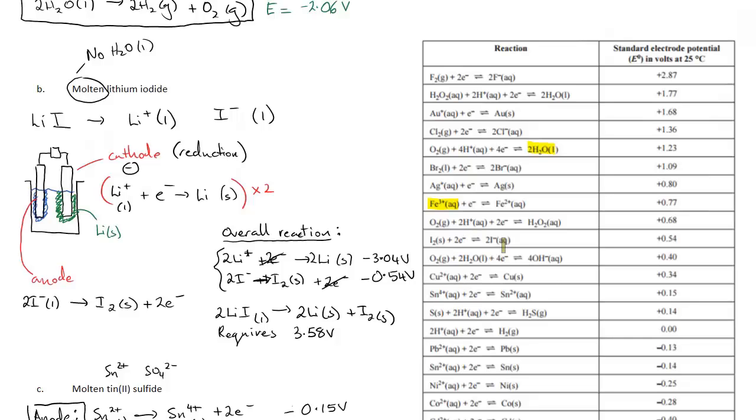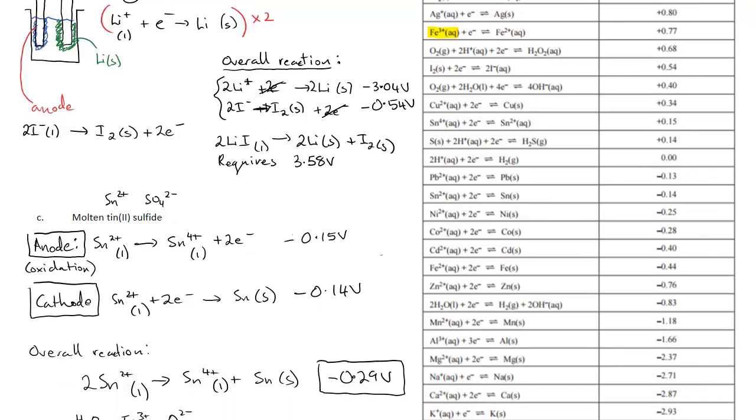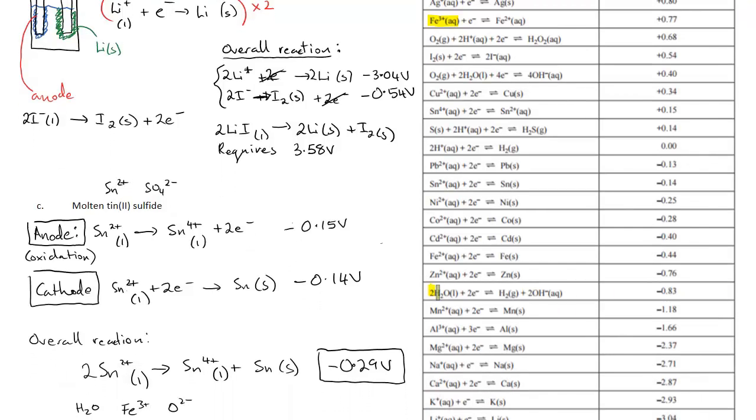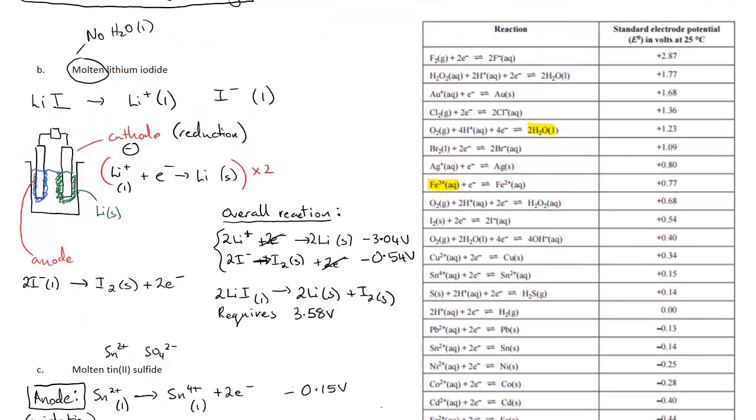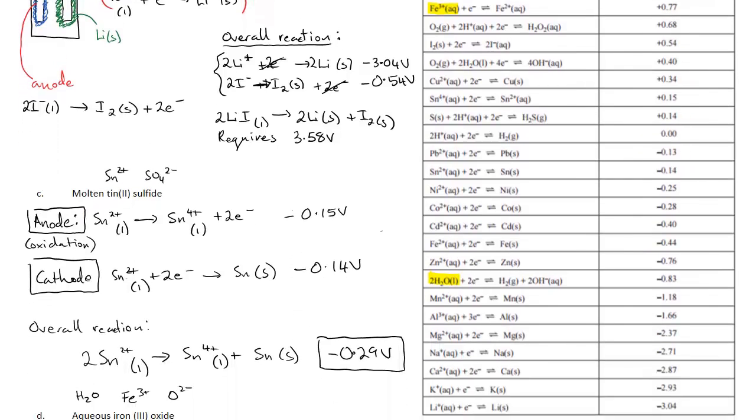And then we have, do we have any more iron 3 plus? Well, we have this water to consider. And we don't have oxide on this electrochemical series, so I don't think we'll need to worry about it.